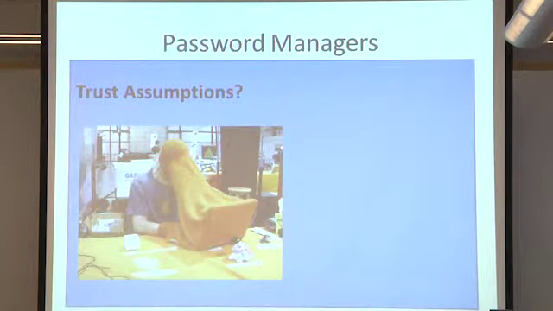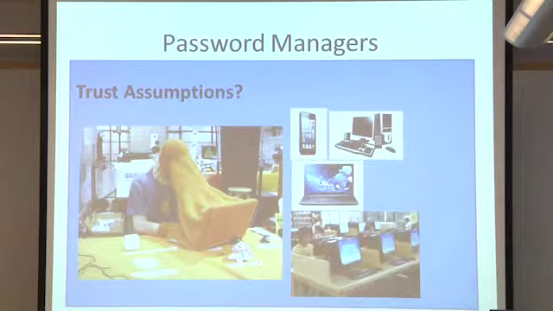If an adversary is ever able to phish you or shoulder surf you, then he's going to learn your master password, and he's able to compromise every account that you have. So unless your usage model looks like this, it's possible that someone with a hidden camera or someone just looking over your shoulder might learn your secret password.